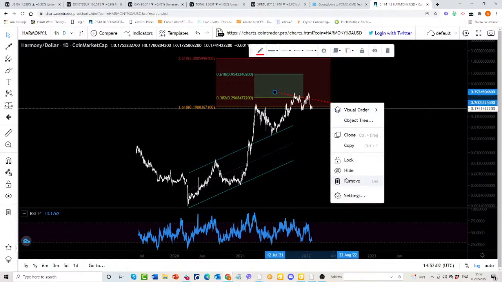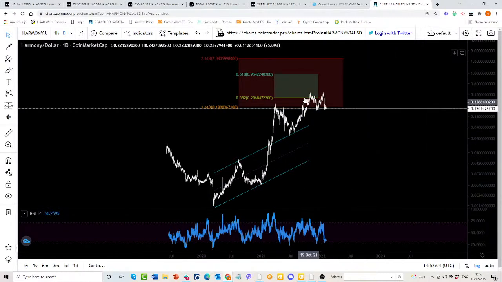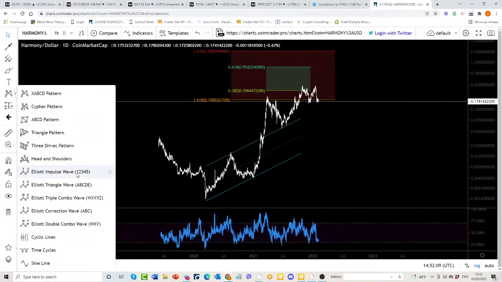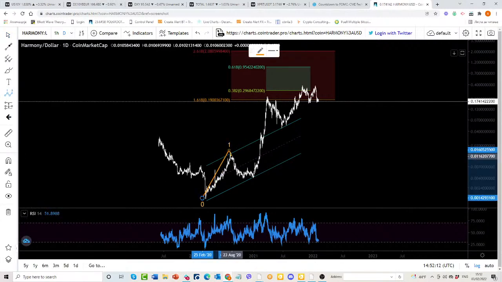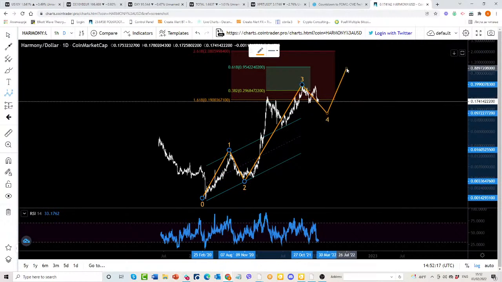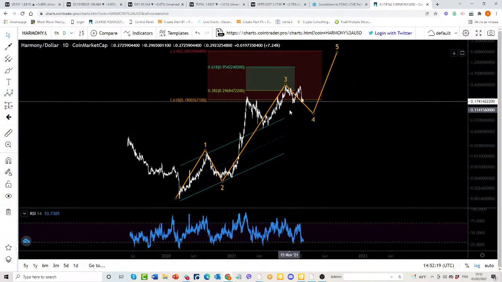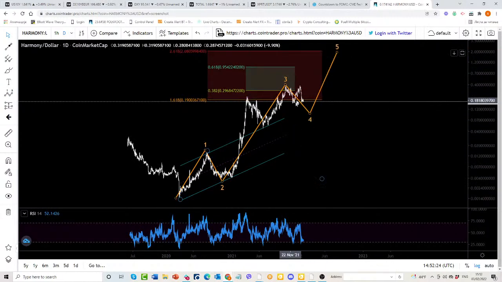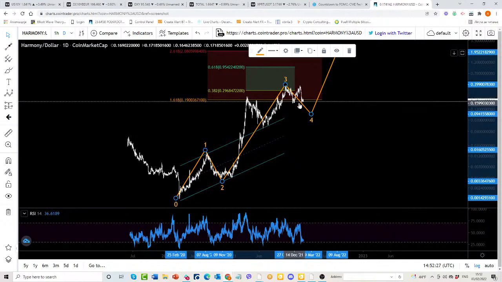Okay, let me just label this for you. We have reached 1.618, which is always a nice projection for the potential wave 3. So in that case, we would label this something like this as a wave 4 and as a wave 5 on the upside. So this might be some type of a 3-3-5, maybe even a running flat, but we are already very close to lows, so it can be just now in this instance a regular flat or expanding one, going a little bit lower.